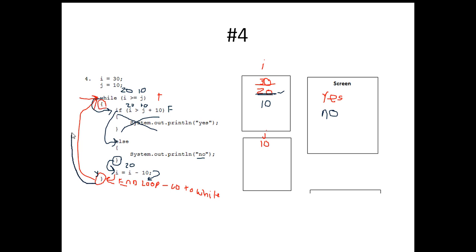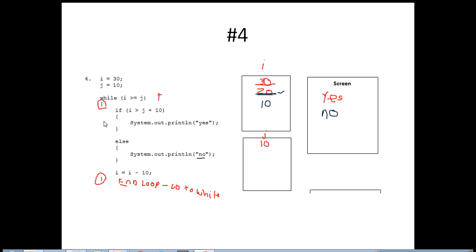And so we go now back to while, and we're going to check out the Boolean expression again. And when we come back here to this while statement, we see now we're going to check to see is I greater than or equal to j. And I has been changed to 10. So we're going to check is 10 greater than or equal to 10.